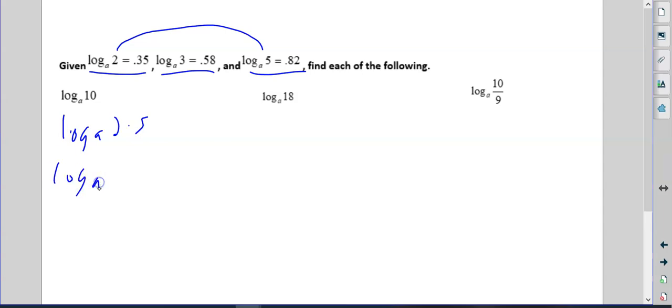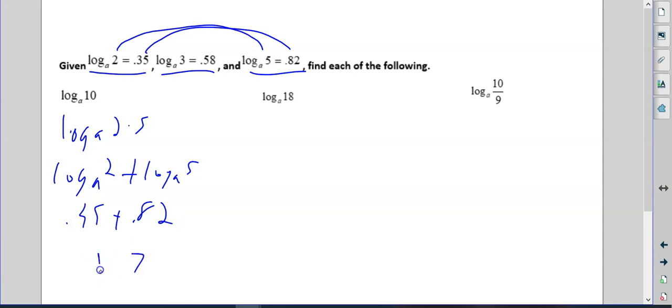So log a of 2 plus log a of 5. The most common mistake here is we're going to multiply these two, when in actuality, you're going to be adding these two. So 5 plus 2 is 7, 8 plus 3 is 11, so 1.17.